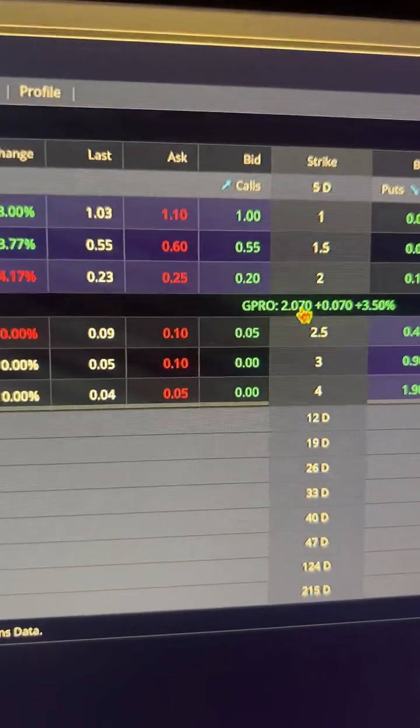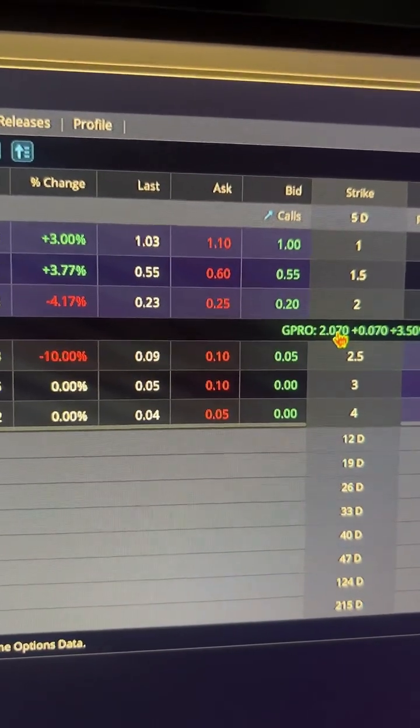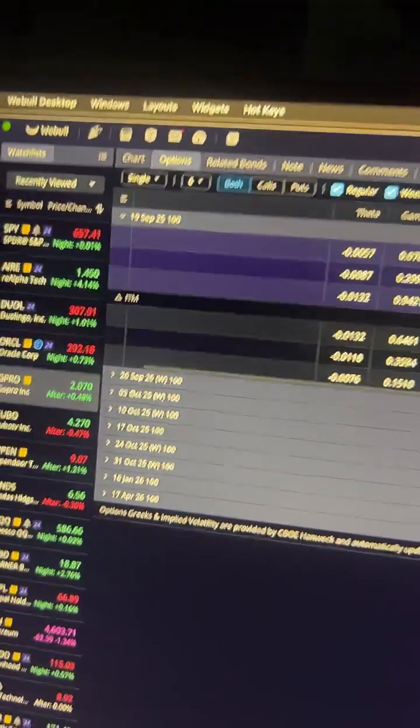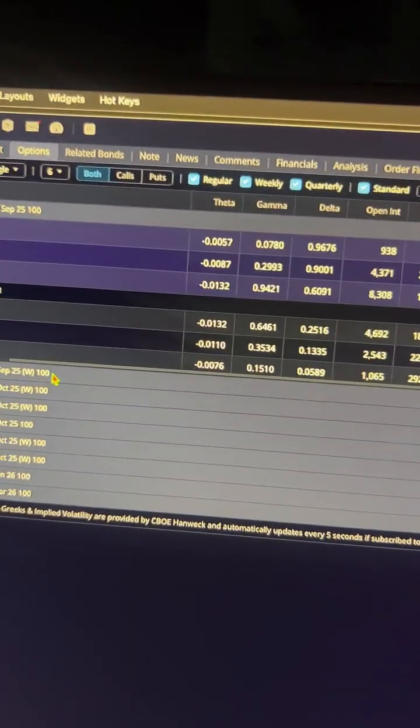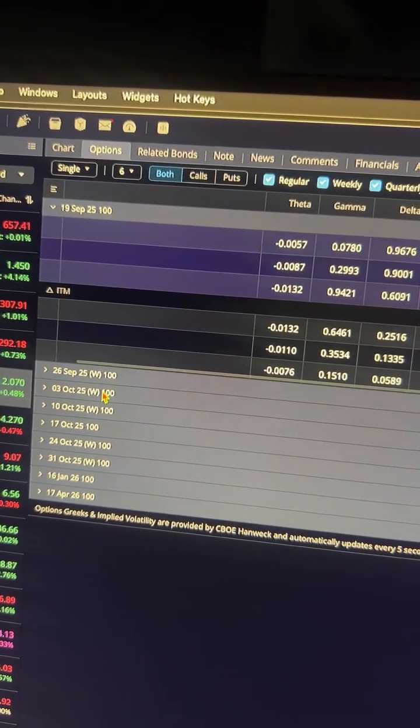You can't say, okay, I think GoPro is going to go to $3. You have to say, when do you think it's going to go to $3? And you really need to pick an expiration date that's a little bit past when you think it's going to happen. If you think that it'll be $3 by September 26th, then I really would like for you to buy the October 3rd contract.